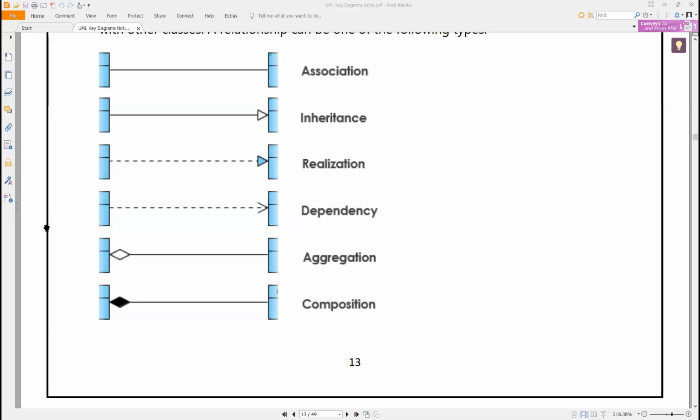Very simple example. Can a room exist without a house? Let's imagine you have a house of 10 rooms, and maybe you destroy your house. Will the room still exist without a house? Answer is no. So that means this is a strong aggregation, and strong aggregation is what we call composition, because the room cannot exist without the house.